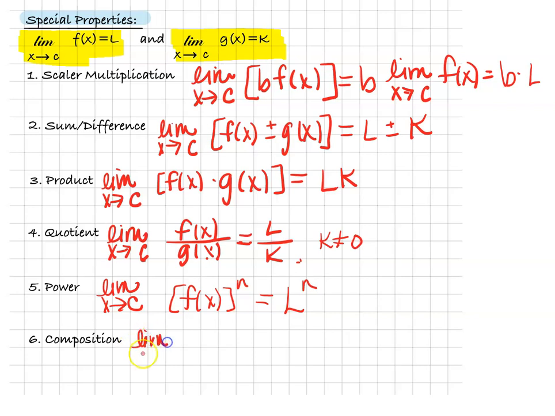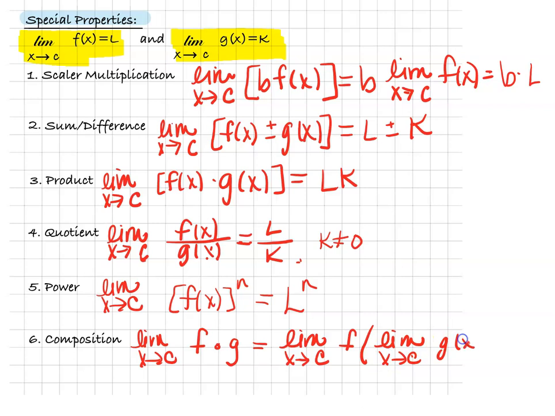If you have the limit as x approaches c of f composed with g, remember composition of functions, then that's going to be the limit as x approaches c of f of the limit as x approaches c of g of x.